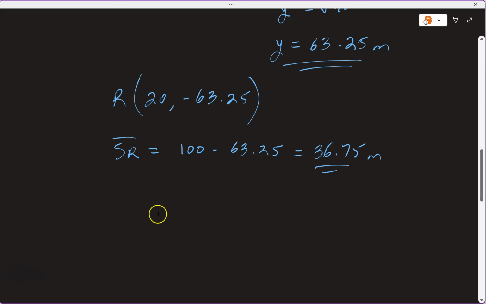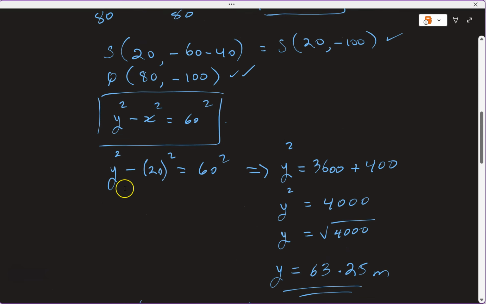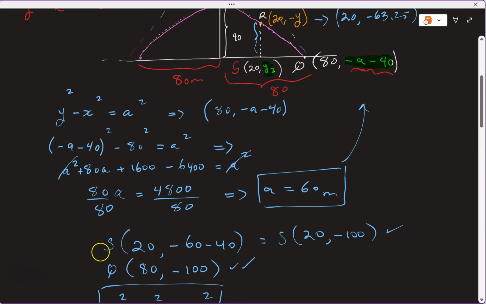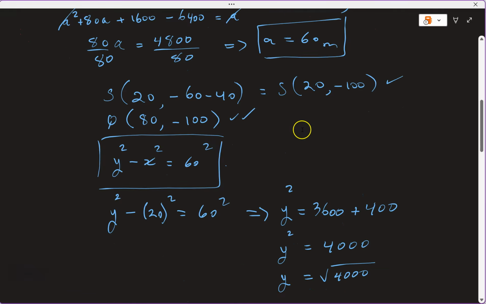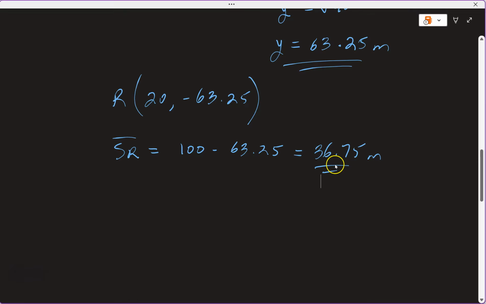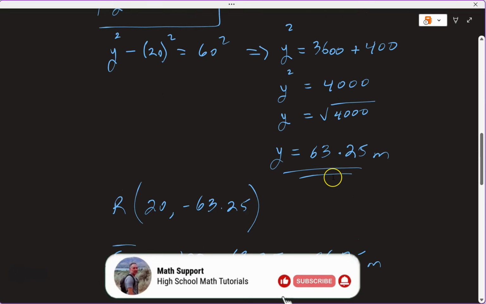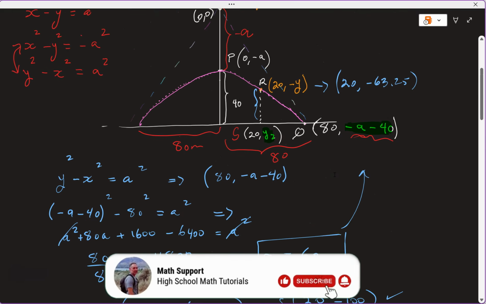All right, so that is the final answer, and that's what we were looking for at the end: the point 20 meters from the center. The height of that is 36.75 meters from the center. Okay, so that's the first question.